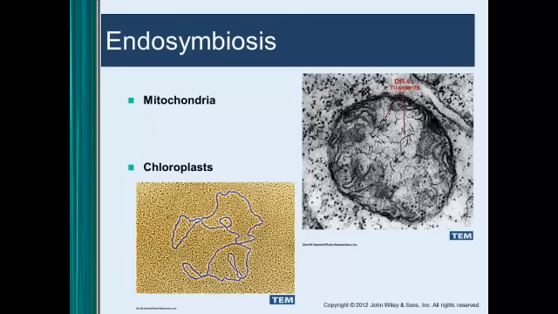Evidence supporting the theory of endosymbiosis comes from a comparison of the characteristics of eukaryotic organelles with those of prokaryotic organisms. For example, mitochondria and chloroplasts are approximately the same size as prokaryotic cells. Unlike other organelles, mitochondria and chloroplasts have their own DNA. Organelle DNA is present in the form of a single circular loop, like the chromosome of a prokaryote.